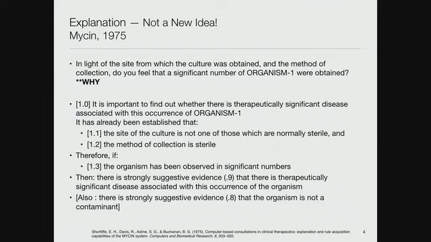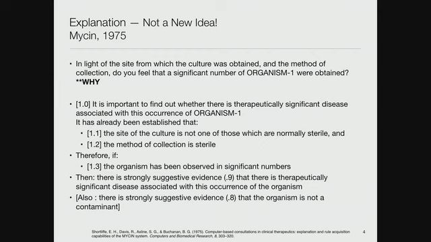Therefore, if the organism has been observed in significant numbers, then there's strongly suggestive evidence that there's therapeutically significant disease associated with this occurrence of the organism. So if you find bugs in a place carefully collected, then that suggests that you ought to probably treat this patient if there are enough bugs there. There's also strongly suggestive evidence that the organism is not a contaminant because the collection method was sterile.